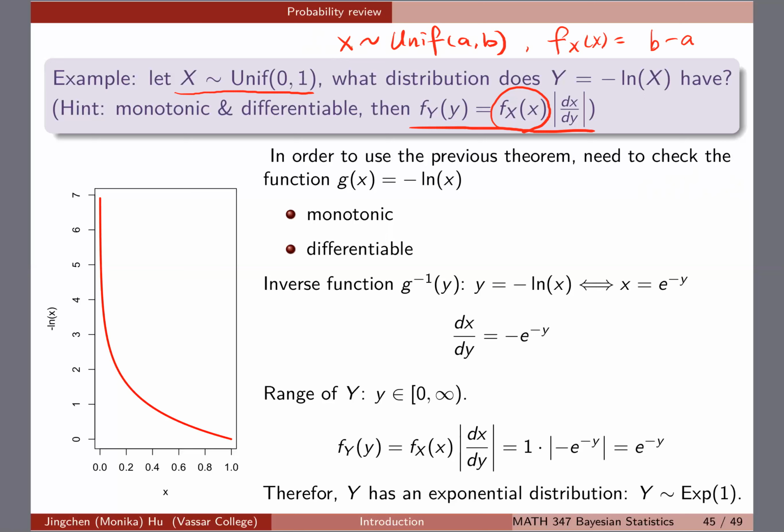No, it is 1 over b minus a. Right? The density. In that case, because b is 1 and a is 0, for the uniform between 0 and 1, the density is 1. Okay. And then for the exponential, it just maintains that, and that's why the 1 is in the bottom.